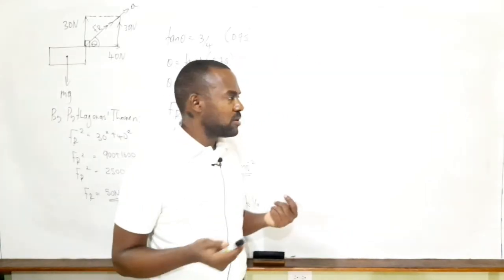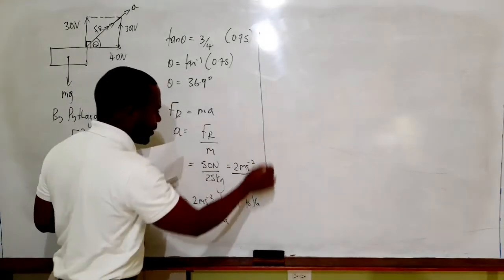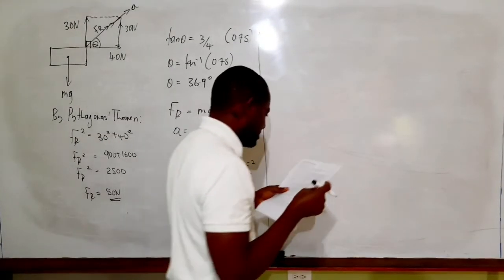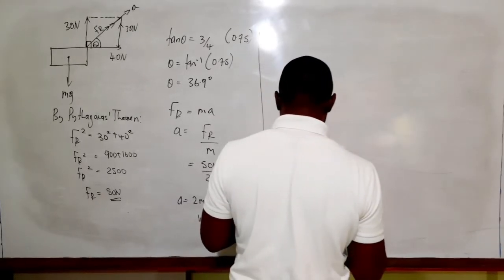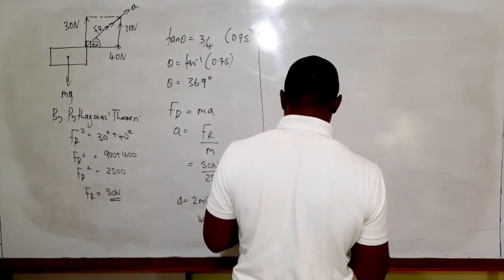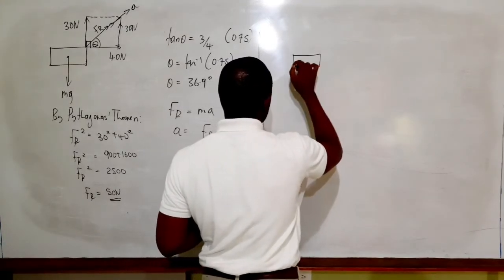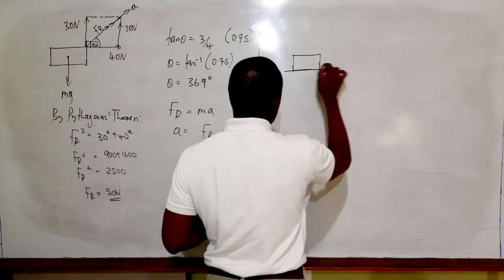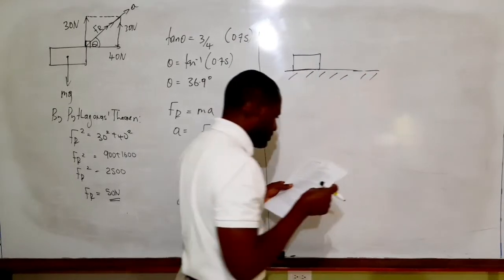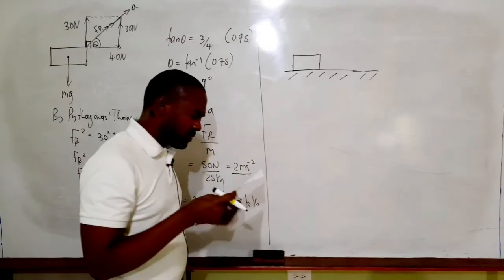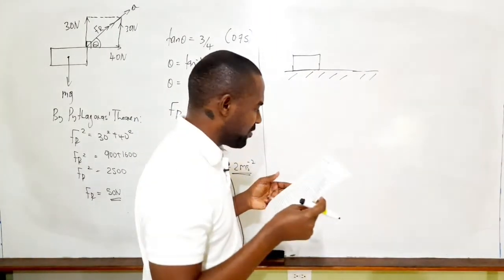And as customary, we try to represent the situation using a simple diagram. Right? So let this be our body, the body which is being pulled along smooth horizontal ground. We're told that it is being pulled by means of a force of 40 newtons acting at 60 degrees above the horizontal.